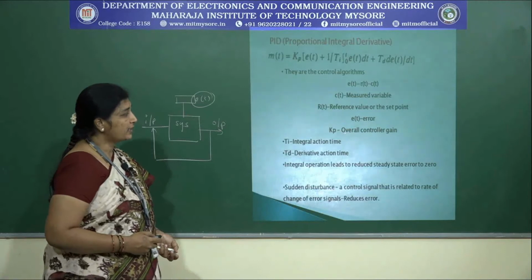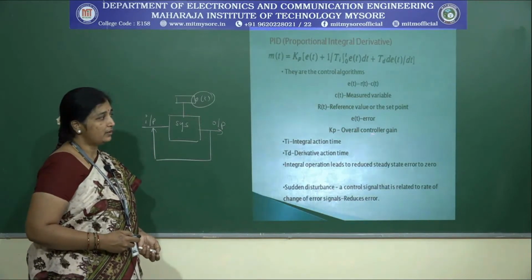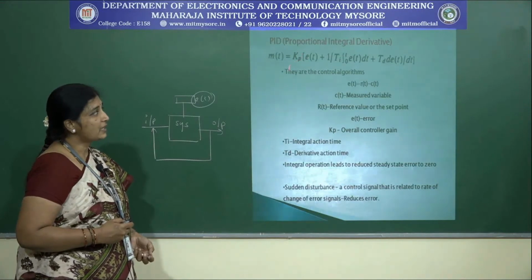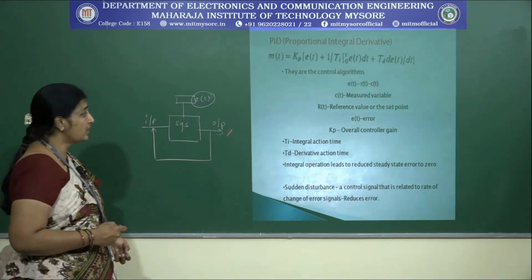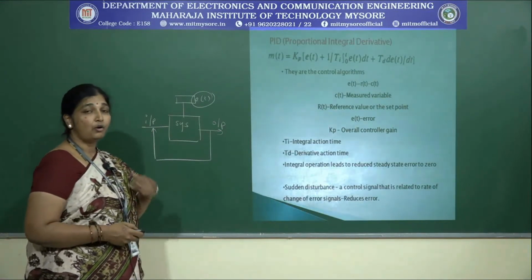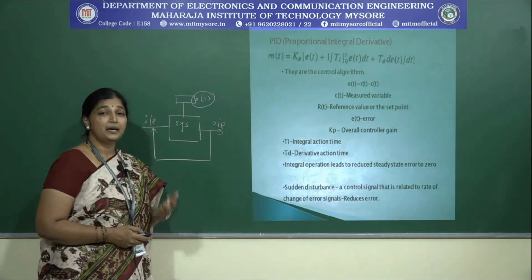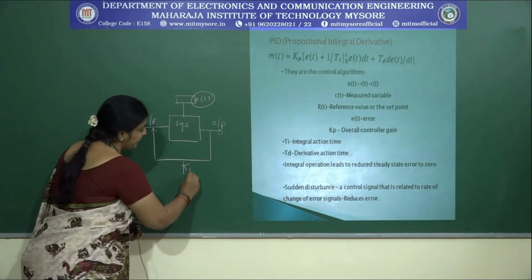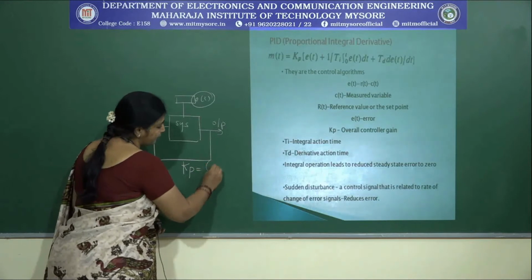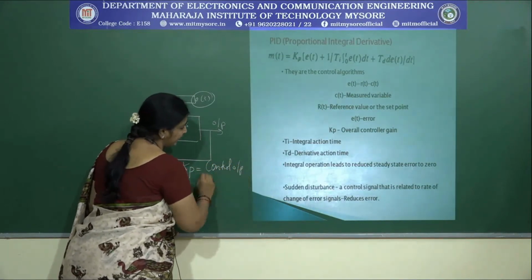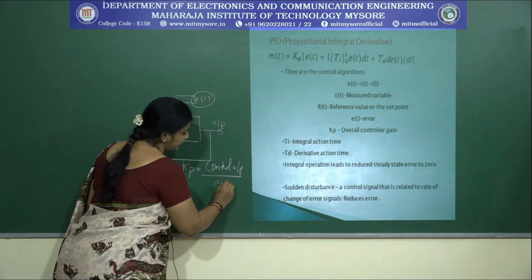Here Kp is nothing but the overall controller gain. This Kp is mainly dependent on the output by the input, so the controller output divided by the input error. Kp here is nothing but the controller output by the error.